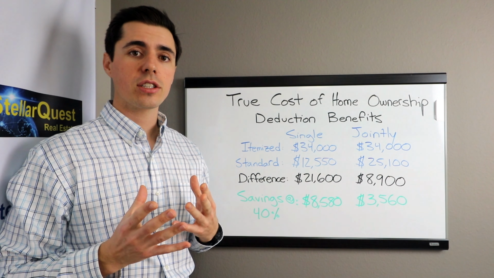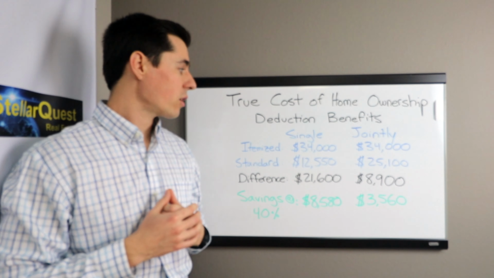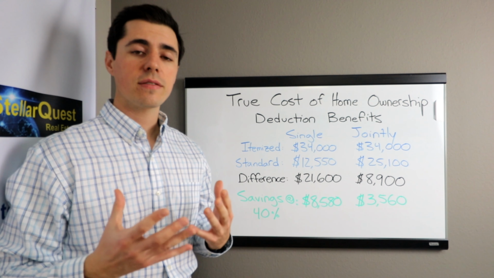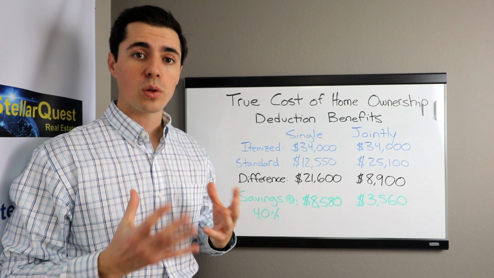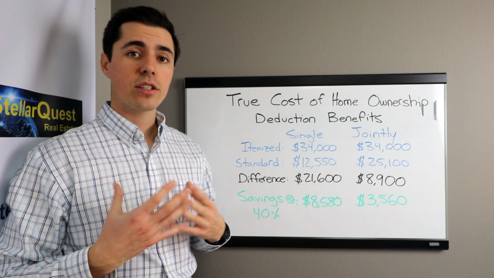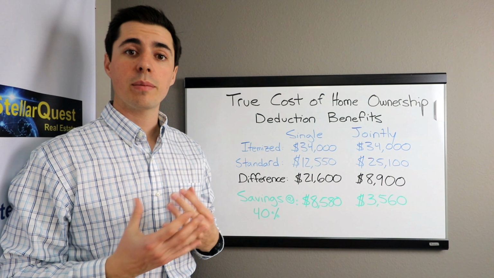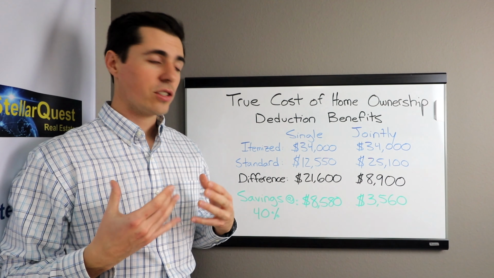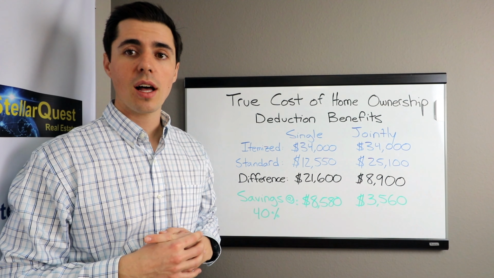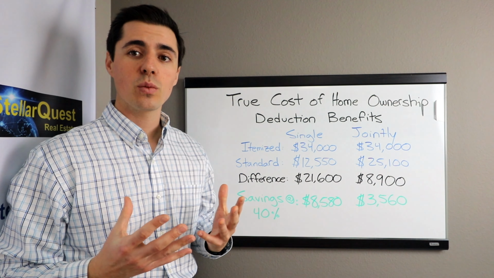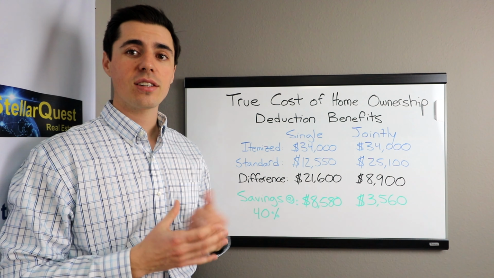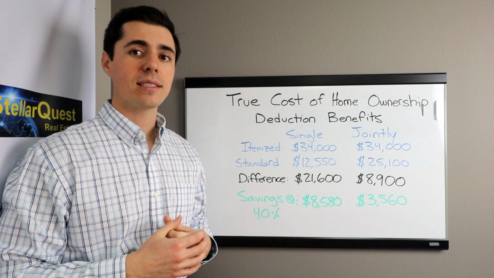The standard deduction for somebody filing on their own is $12,550 for 2021, and the total standard deduction for people filing jointly is $25,100. So we've subtracted the standard deduction from our total itemized deduction.